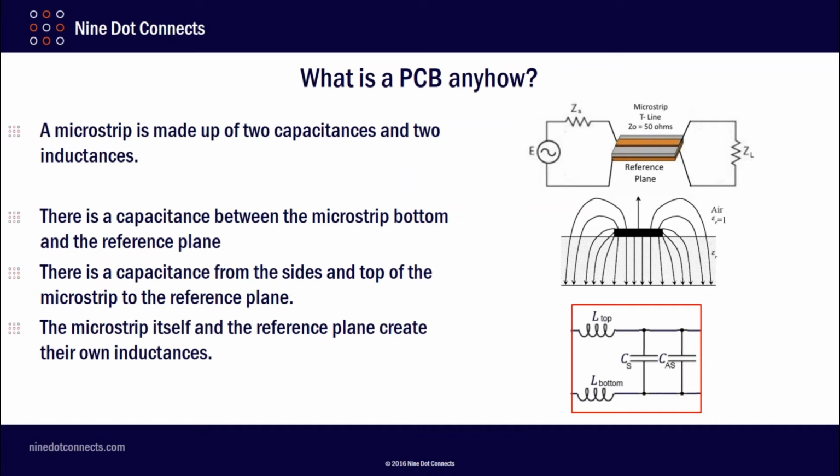So it's good to see that so many people saw that there were two inductors. If you're looking at an equivalent diagram of the microstrip, this top piece of copper here is its own inductor, and then the ground or reference plane is its own inductor. And then you have the capacitance of the dielectric material itself, and then the dielectric material, substrate, and air.